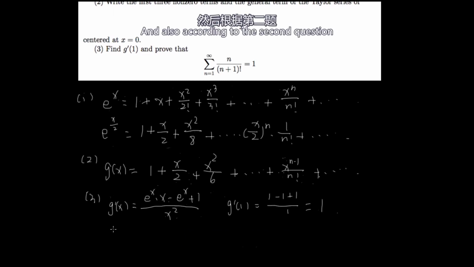So, and also according to the second question, we can get that the derivative of g(x) equals to 1 over 2 plus x over 3 plus, and so on, n times x to the power of n minus 1 over this.